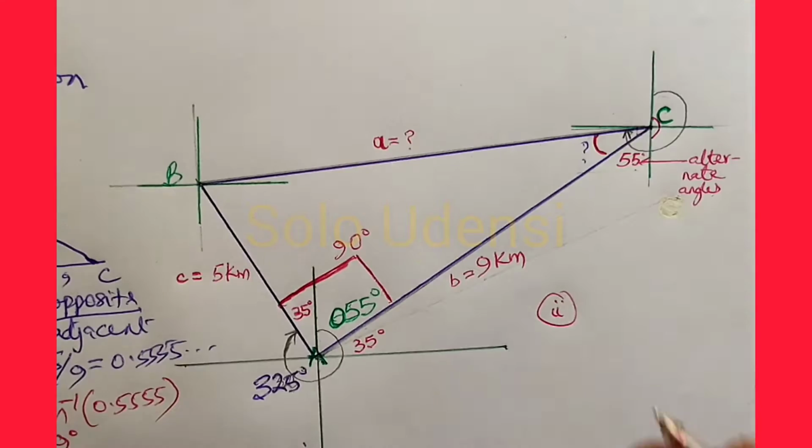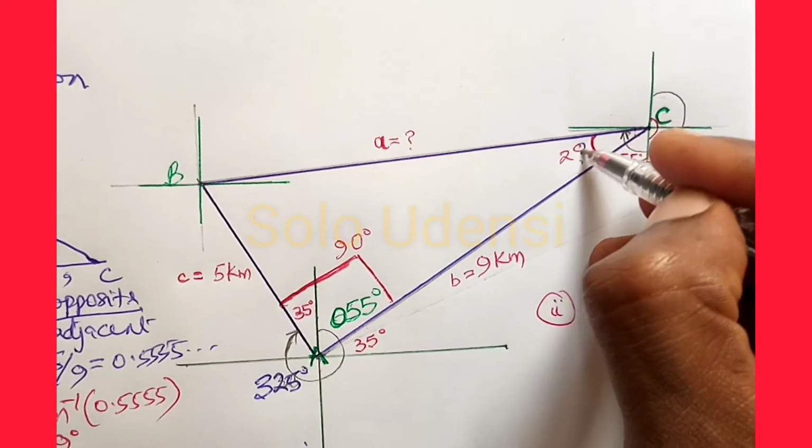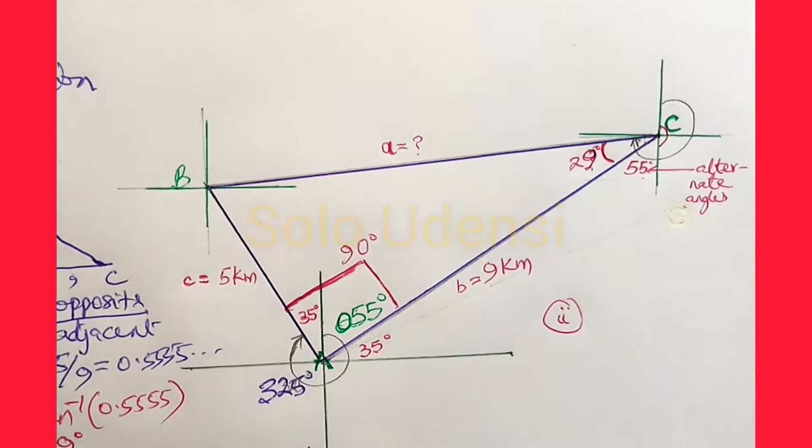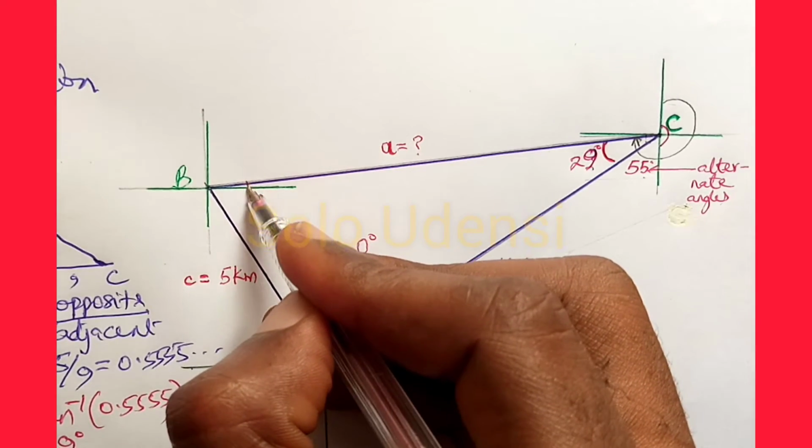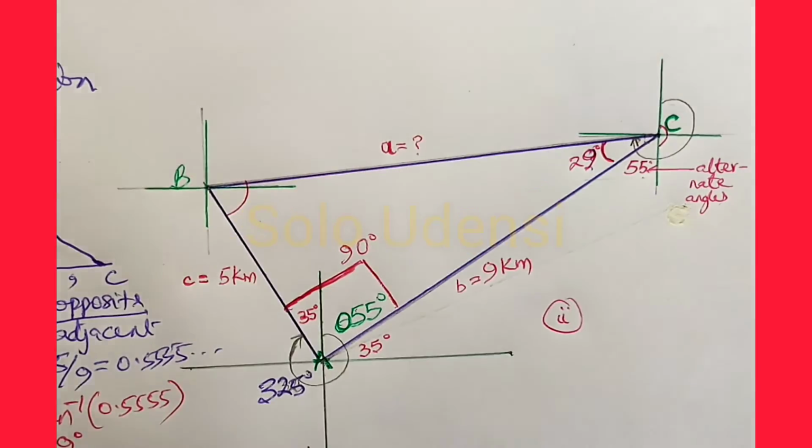Next one, which is II. So here is 29. We now know here to be 29 degrees. So here we will find here to complete the triangle.